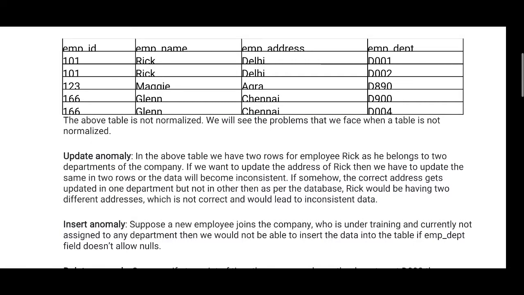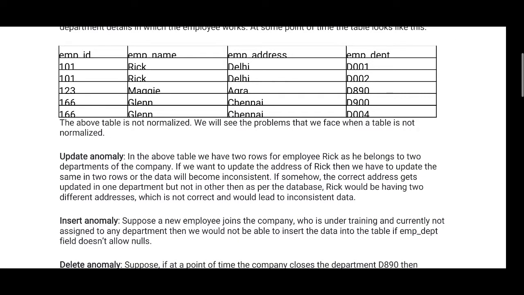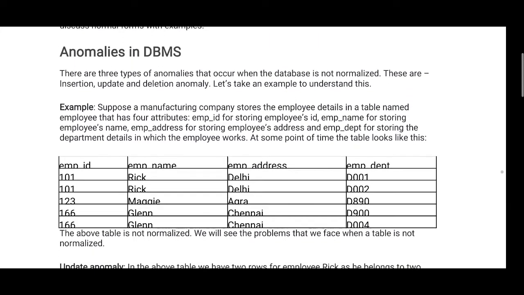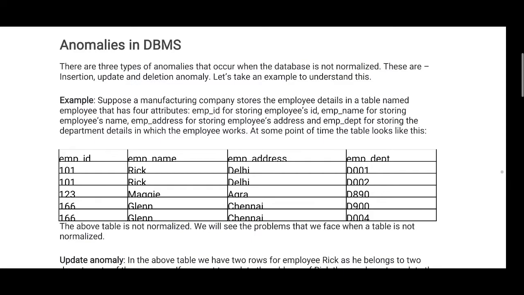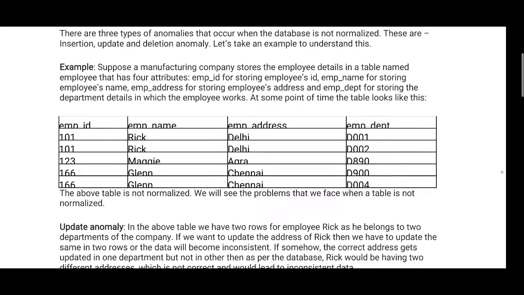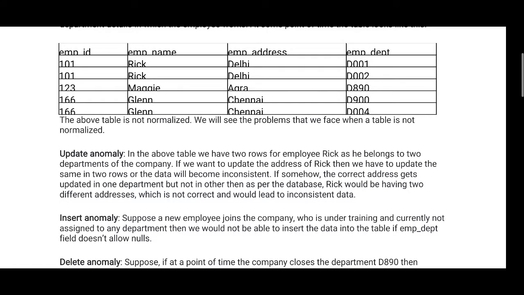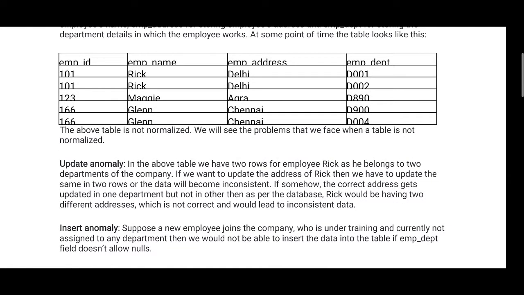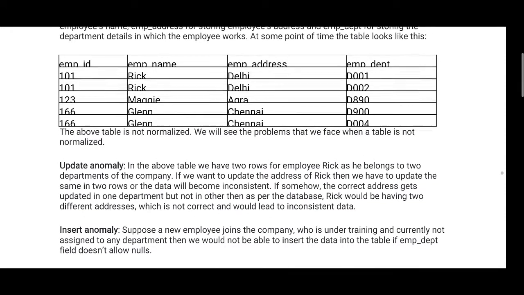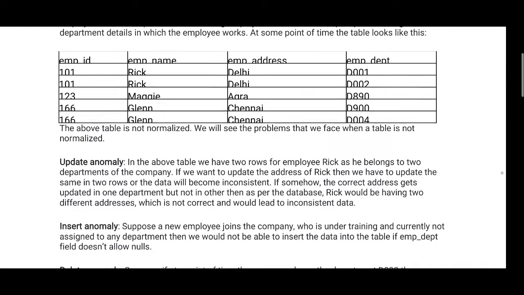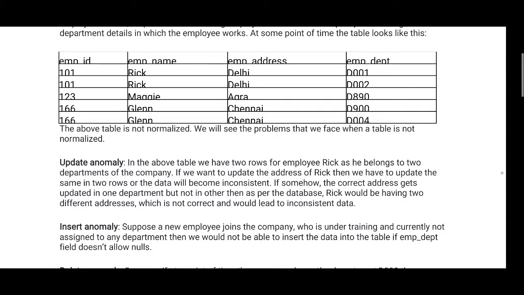Here we have three types of anomalies. First one is insertion, updation and deletion. Now in this example, we are seeing updation anomaly. Here the employee Rick is working in two departments.